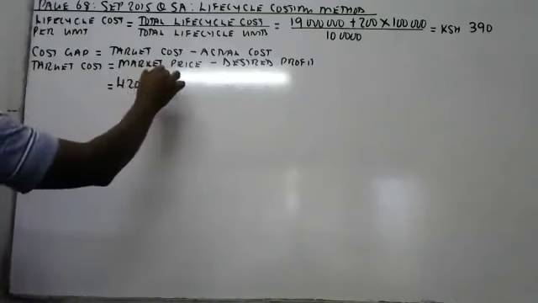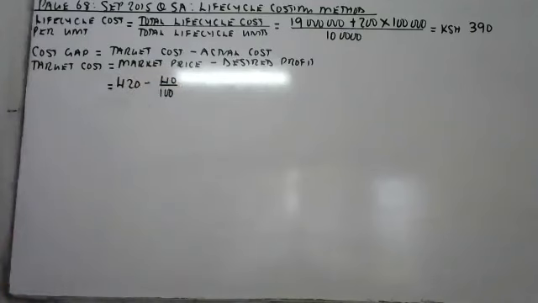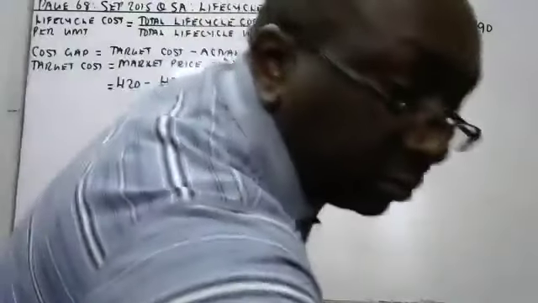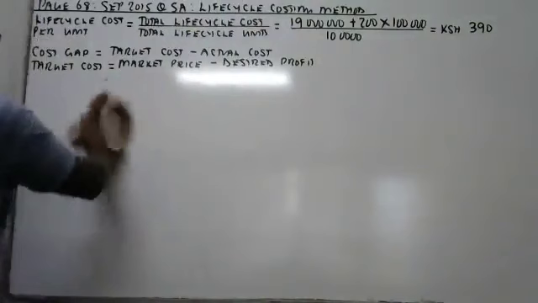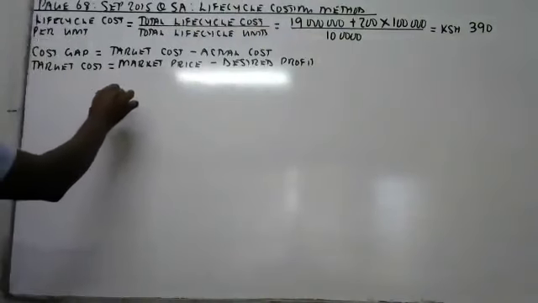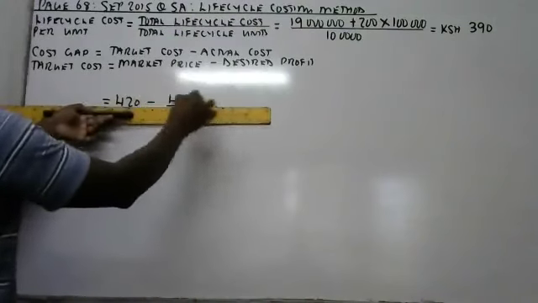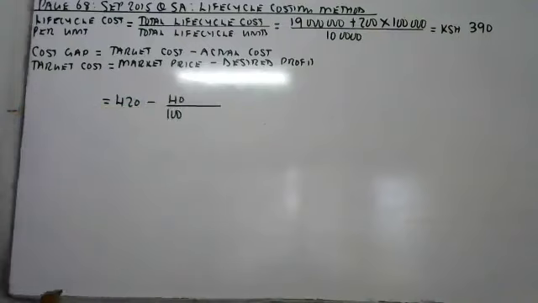When you're told it is 40%, for you to make it to be margin, what you do, you add the numerator.